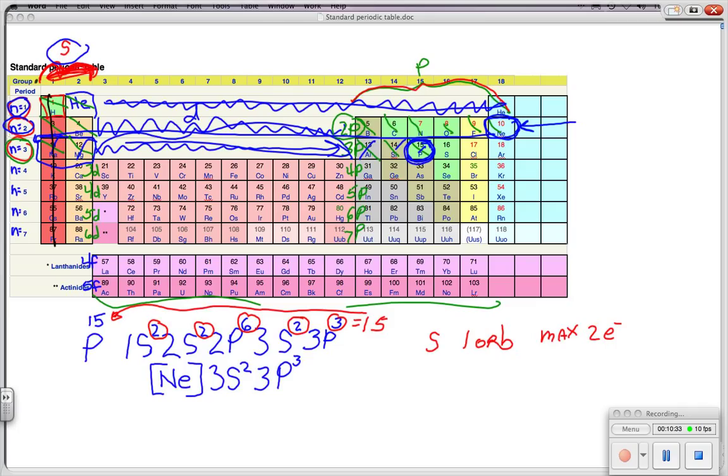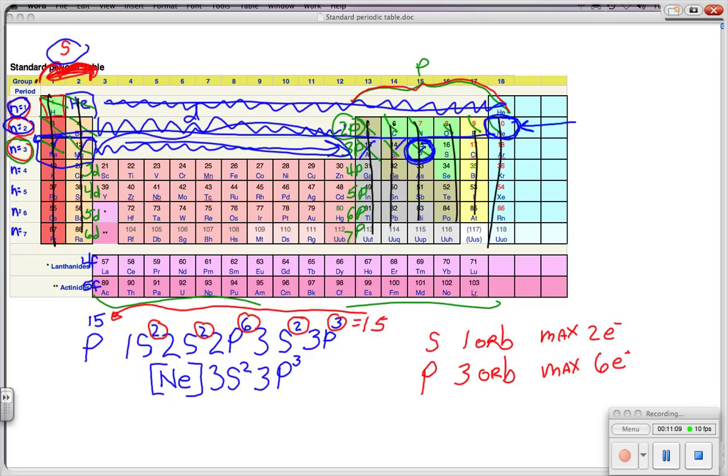There's 1, there's 2 in the S. Now the P sublevel has 3 orbitals. 3 different orientations in space off the X, Y, Z axis. So it can contain a maximum, because 2 electrons per orbital, of 6 electrons. And so that would include, you know, this 1, 2, 3, 4, 5, 6.